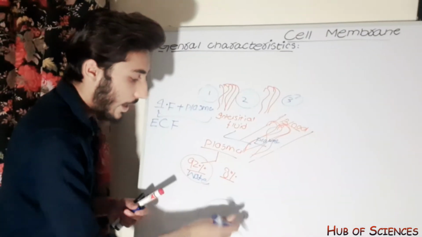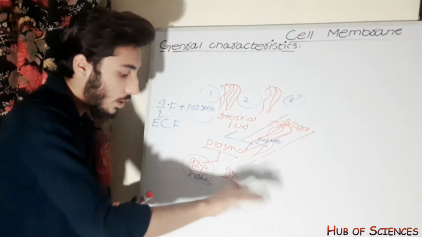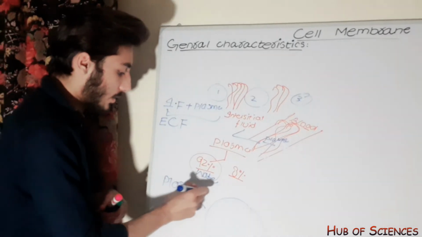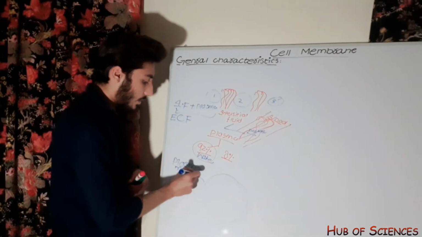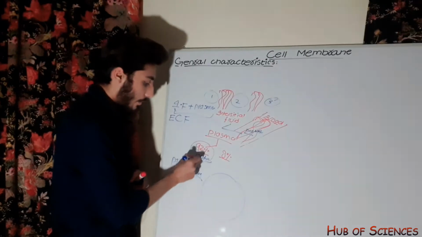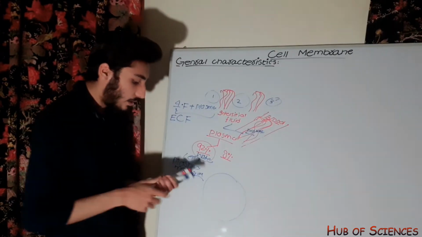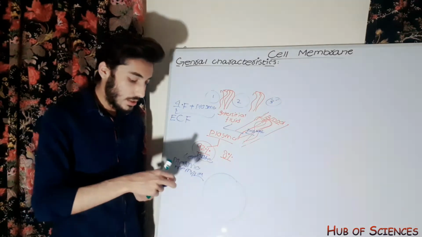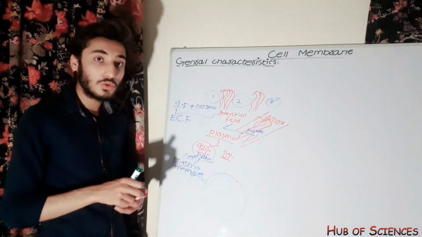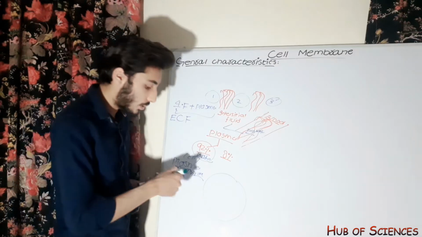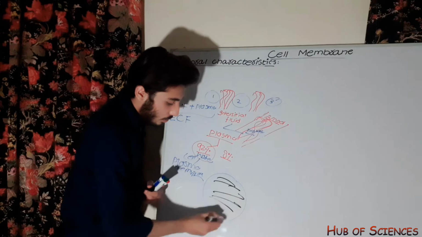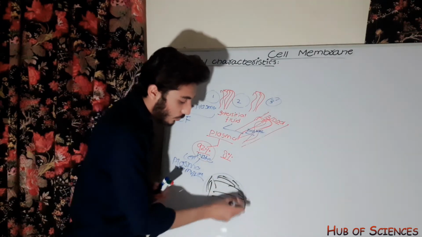While intracellular fluid, what is intracellular fluid? Suppose this is the cell and this is the outer covering of the cell, which is the plasma membrane, and the second name of the plasma membrane is cell membrane. Inside the cell we know that the cytoplasm is present. In the cytoplasm the cytosol exists, and the cytosol consists of 90% water.